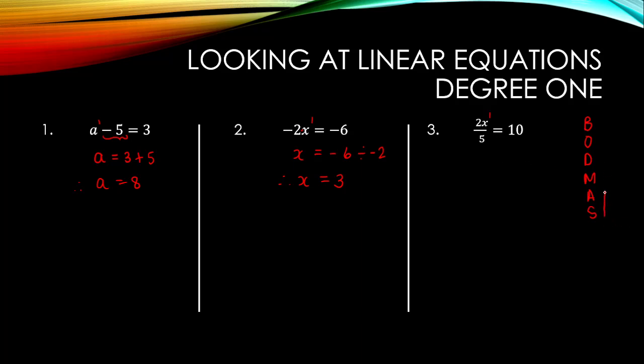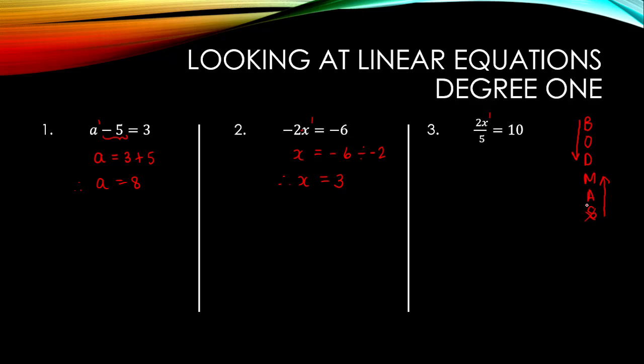So we'll be going this way. If you are working with an expression which has not got an equal sign attached to it, then you'll be working with BODMAS forwards. So at the moment, we're going to be working with BODMAS backwards. And I'll ask you this. Is there anything that when moved over the equal sign is going to do a subtraction? No.